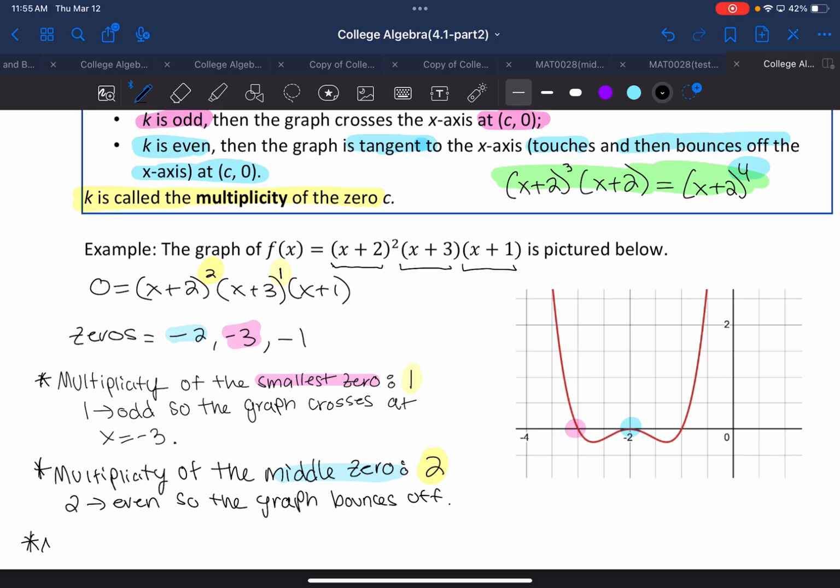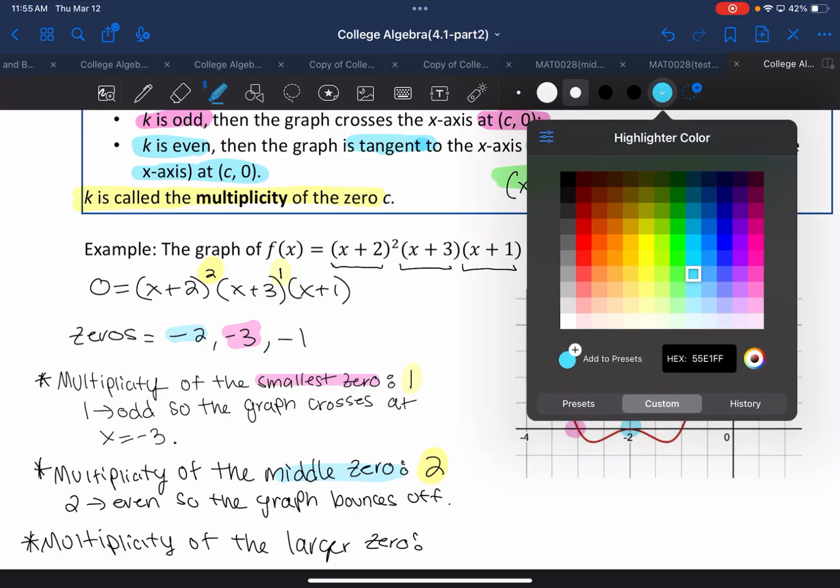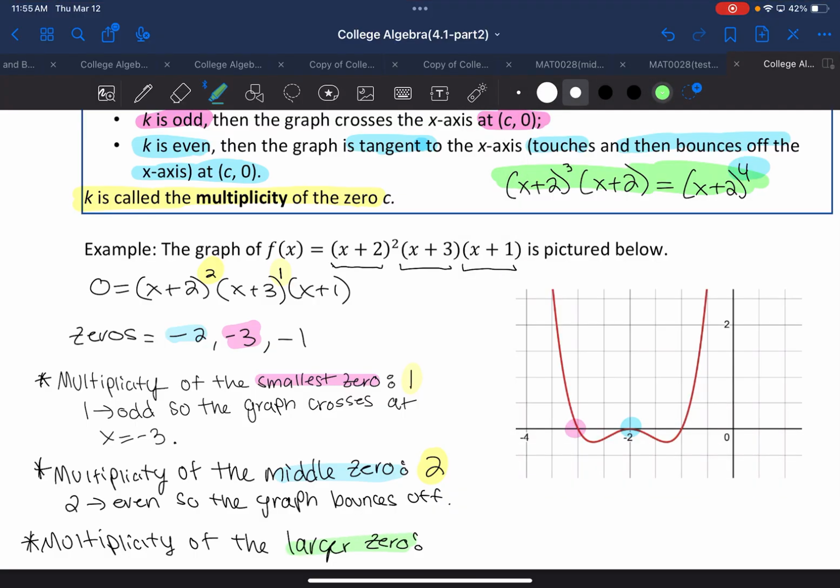Okay, and then finally the multiplicity of the larger 0, which is -1. That's my largest 0 because -1 is the largest number out of those 3. That multiplicity would also be 1 because the exponent on that factor, x + 1, is 1, because there's not a number there.